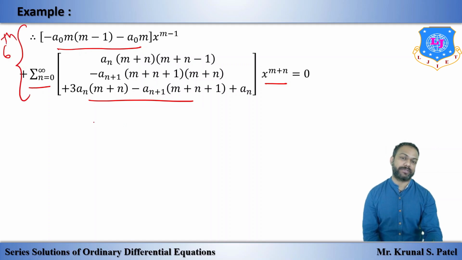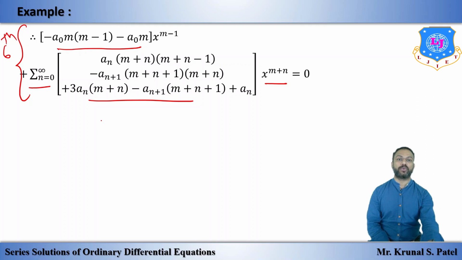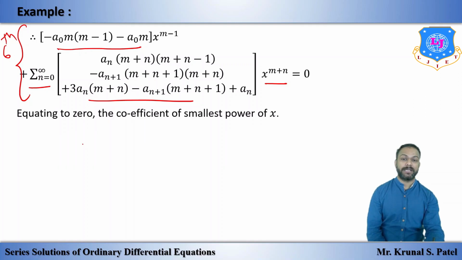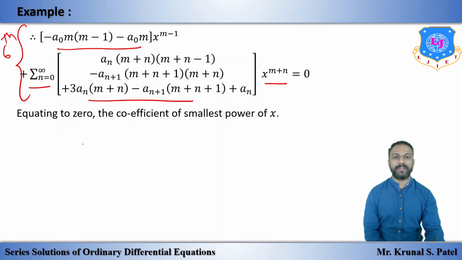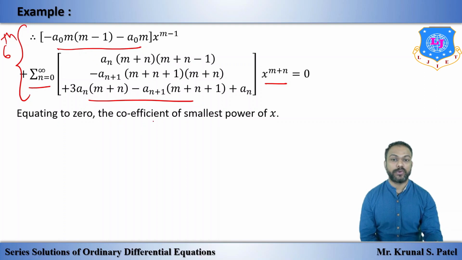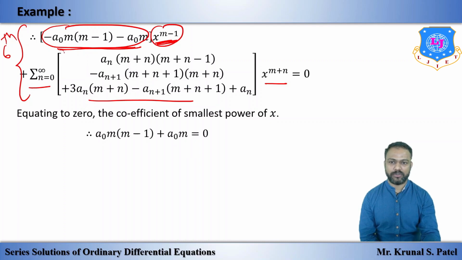After that, the seventh step is equating to 0 the coefficient of the smallest power of x. As I told, this is the Frobenius method. In the Frobenius method we first equate to 0 the coefficient of the smallest power of x. This is the only smallest power of x, so we will equate it to 0, and we can take minus a0 common. Minus is equal to 0, that means it is plus.